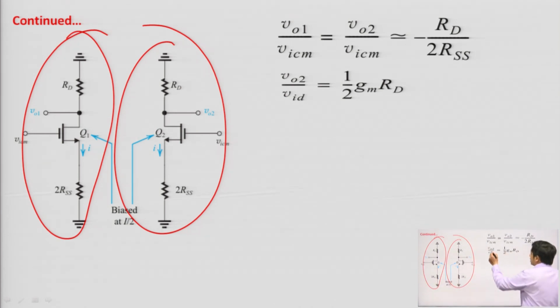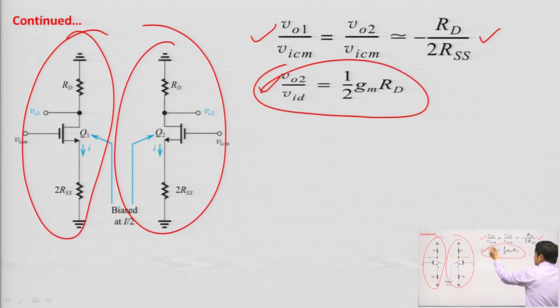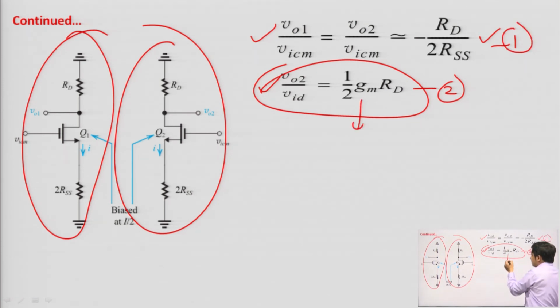So, here if we calculate the value of VO1 upon VICM, it will be minus RD upon 2 RSS. VO2 upon VID is your differential gain, that is 1 by 2 GM RD. Let us say this is equation 2 and this is equation 1, 1 by 2 GM RD, the differential gain AD.